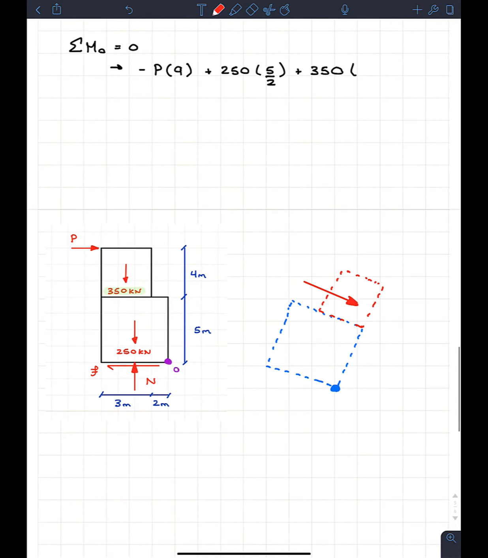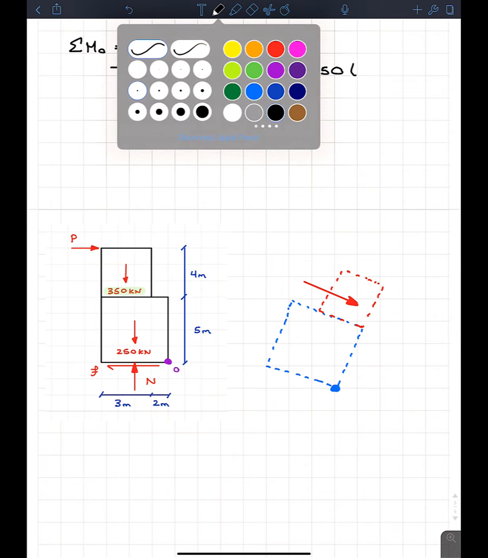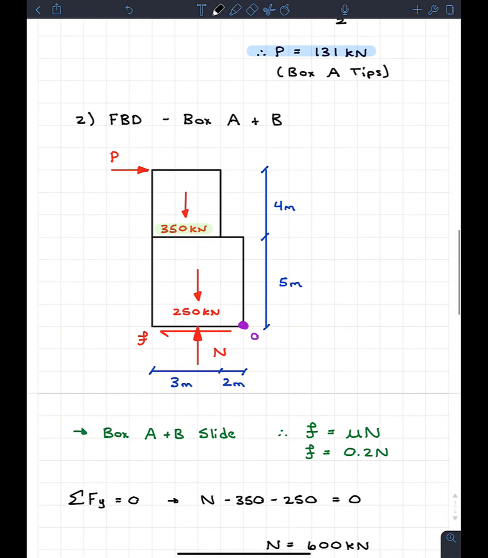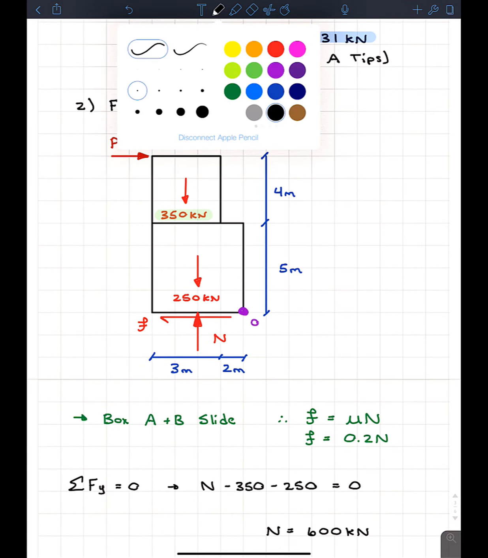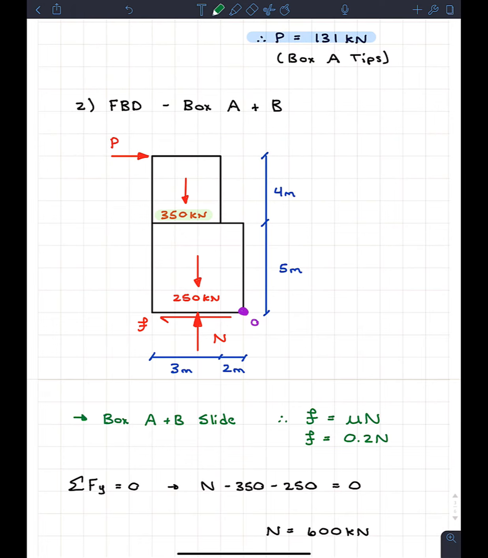So in this case, we're assuming that box A actually stays on top of box B, right at the point over there. The distance that we want, and I'll do this in the dark green, is going to be this distance right here. So we know that the distance from the edge of box B to box A is going to be 2 meters.